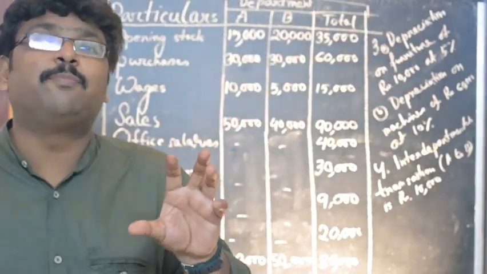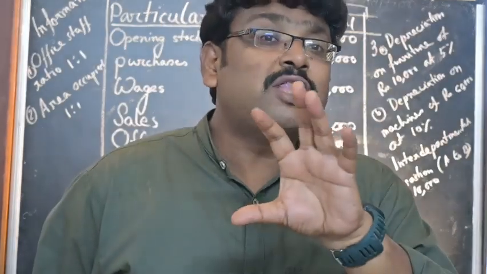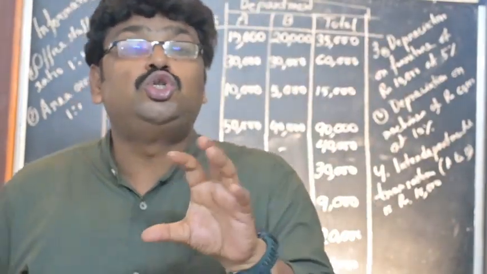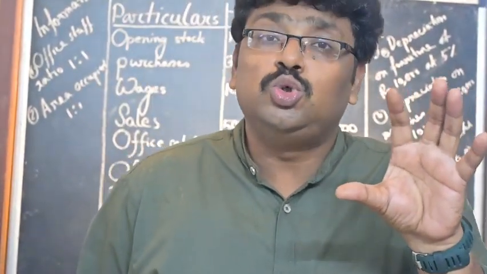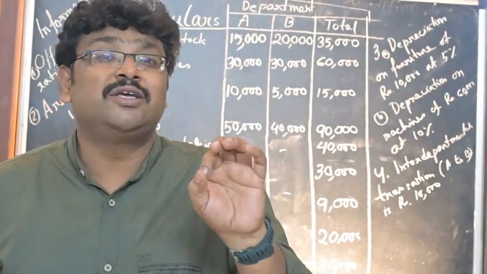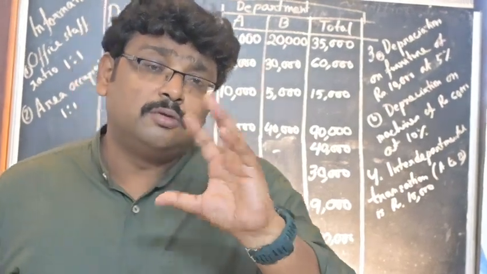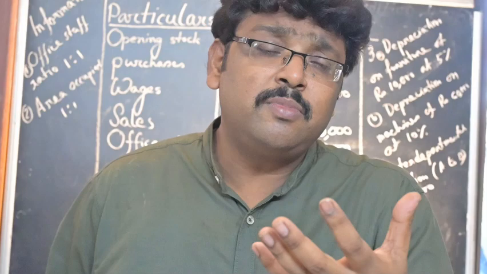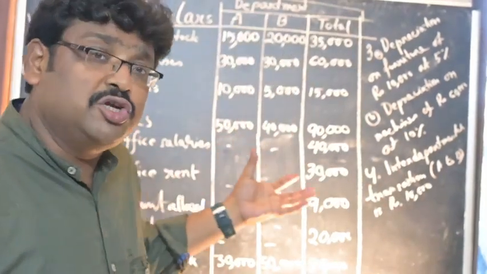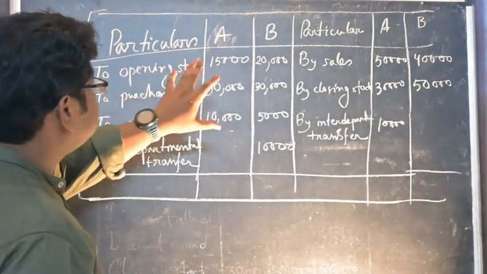So this is the problem, and on the basis of the information given we should form a trading account as well as a profit and loss account. So we solve this problem with this given information.